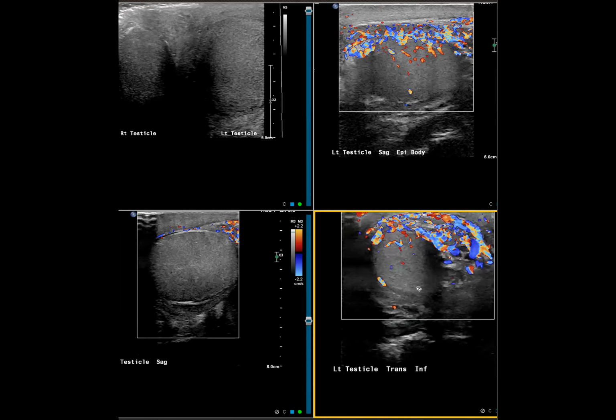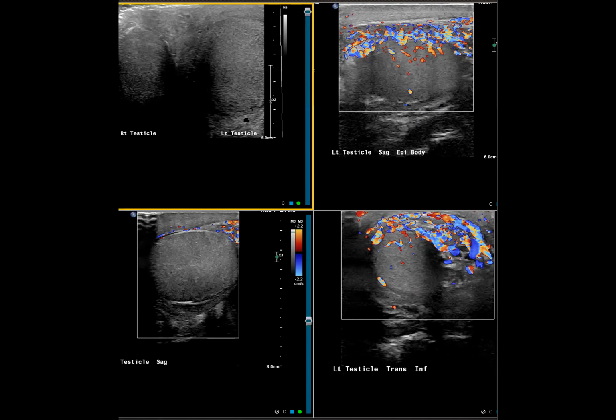Yeah, that's the exact thing that I want to discuss and get your insights on, because as a resident, I'm not very comfortable distinguishing partial torsion or torsion-detorsion versus early epididymo-orchitis. So let's go to the current ultrasound, and then we can discuss how to differentiate them.